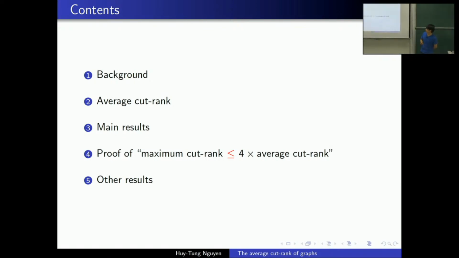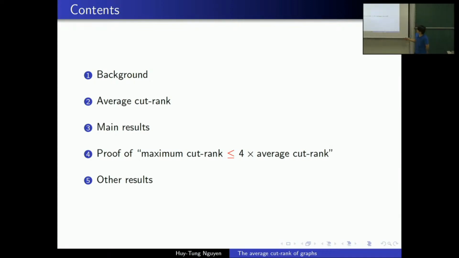The third part will be the main results. The fourth part will be the proof of the fact that the maximum cut-rank is bounded from above by 4 times the average cut-rank. It seems that people are somehow interested in this bound. I have no idea why. And the last part, if I have time, I will present other results related to the parameter.